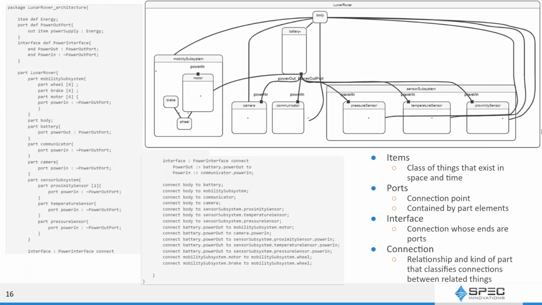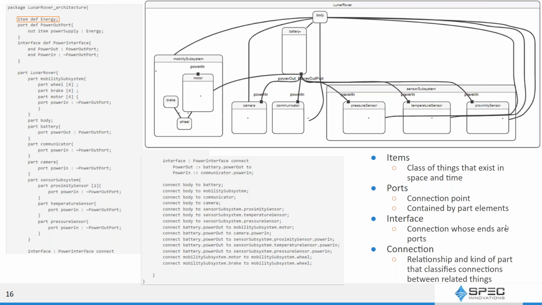So next, we're going to change it up a little bit and go to kind of the equivalent of the internal block diagrams and how they've changed them in V2. So first, we're going to talk about items.